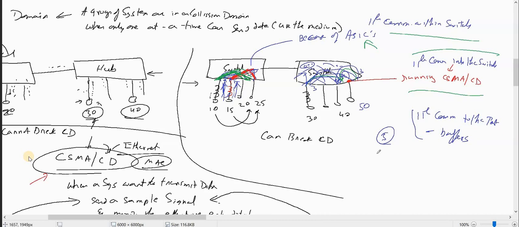Okay, what about the last scenario? What if I am trying to communicate from 10 to 20, and at the same time, 20 wants to communicate to 30? Now, the previous example was same direction.